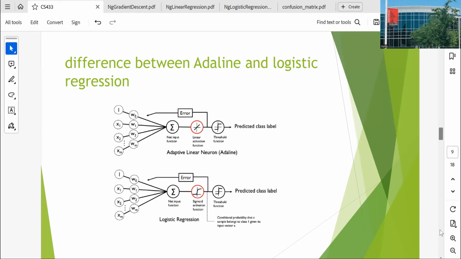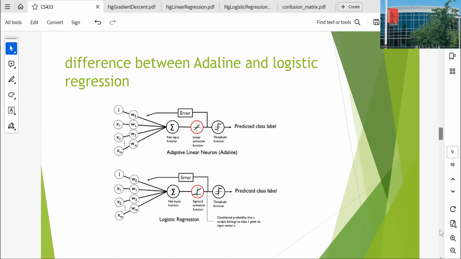The linear part is the same. For logistic regression, the activation is the sigmoid.